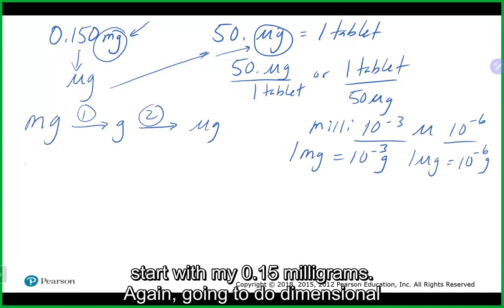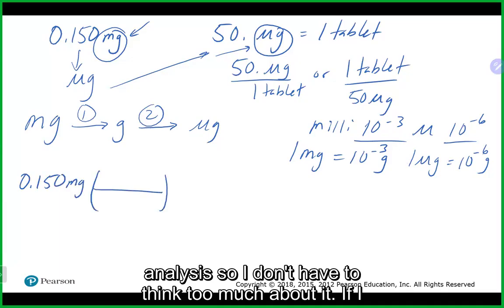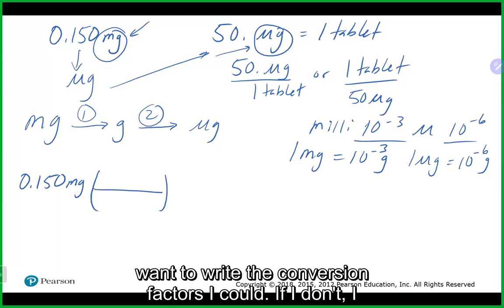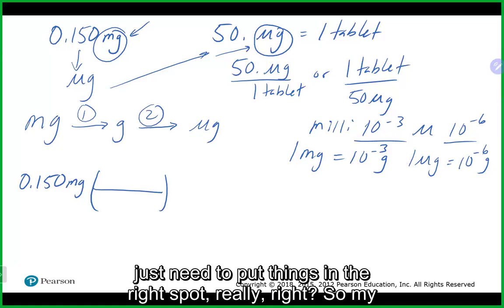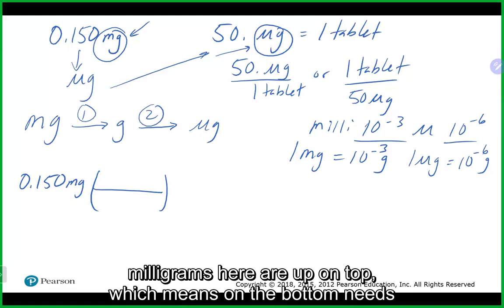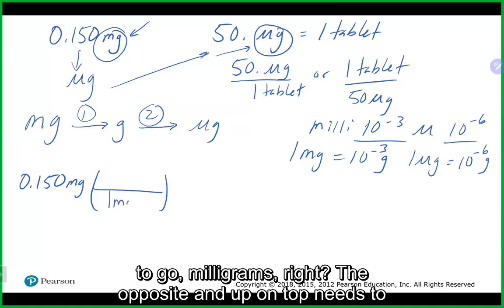So I'm going to start with my 0.15 milligrams. Again, going to do dimensional analysis so I don't have to think too much about it. If I want to write the conversion factors, I could. If I don't, I just need to put things in the right spot, really, right? So my milligrams here are up on top, which means on the bottom needs to go milligrams, right? The opposite.